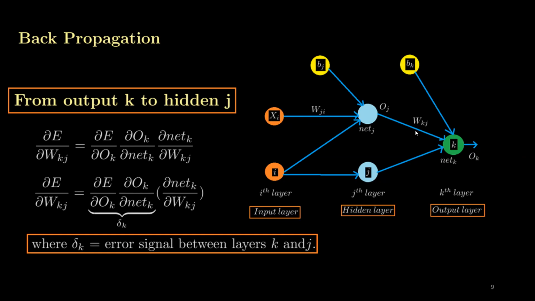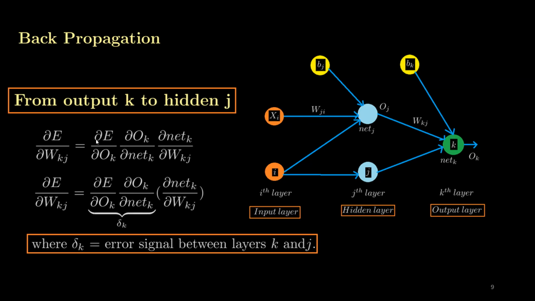So we have three steps. Starting from the error, we will reach Wkj. This Wkj is our parameter, which we have to update in order to reduce the error. If you see the equation, it has three terms. Why three terms? Because from error to Wkj, we have three steps: from error to Ok, then from Ok to net k, then from net k to Wkj.